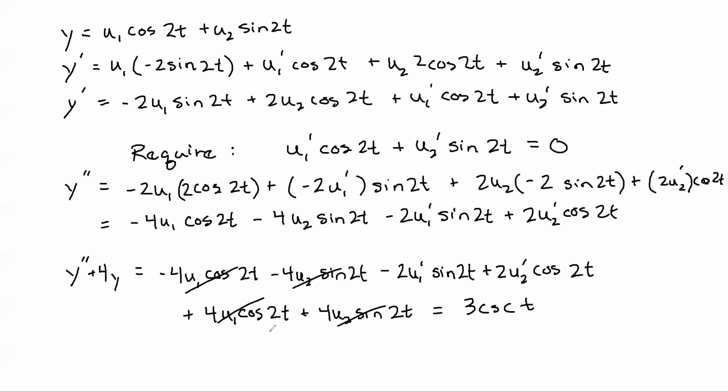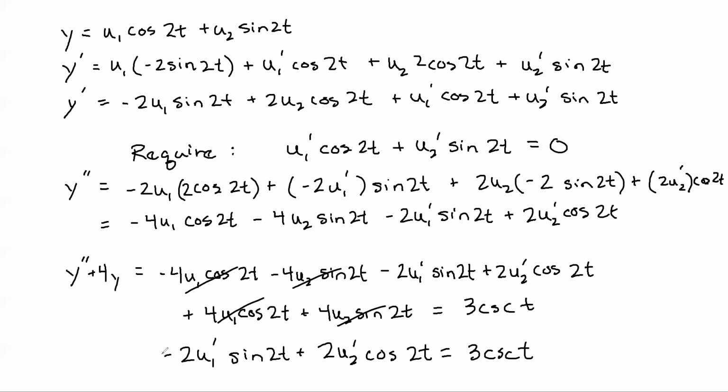And so the result that you get from that is that negative 2 u1 prime sine 2t plus 2 u2 prime cosine 2t has to equal 3 cosecant t. And here's where that foreknowledge to use this requirement earlier in the problem comes in.